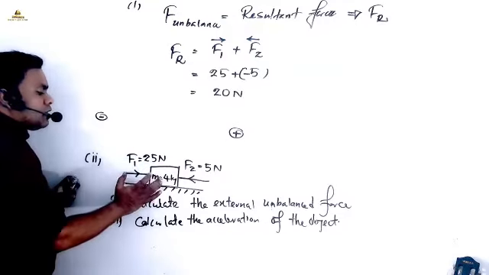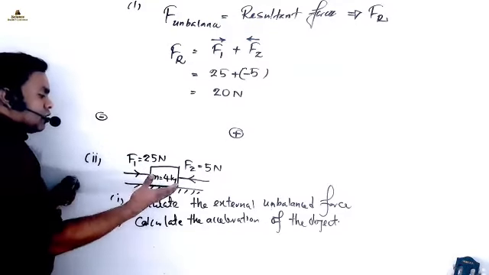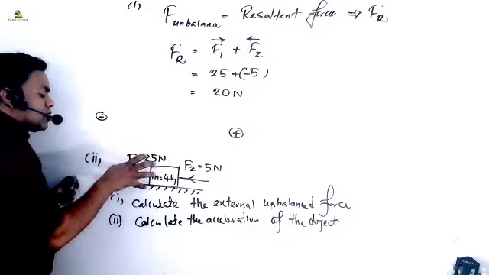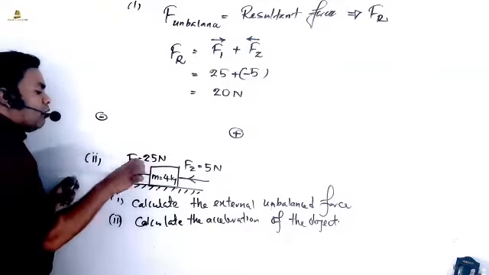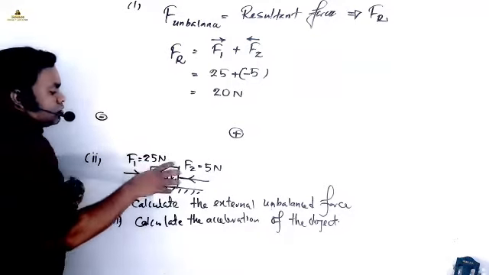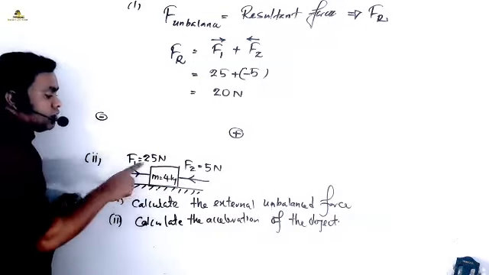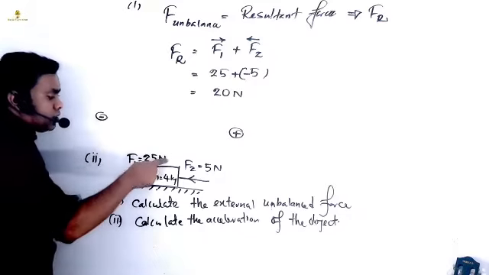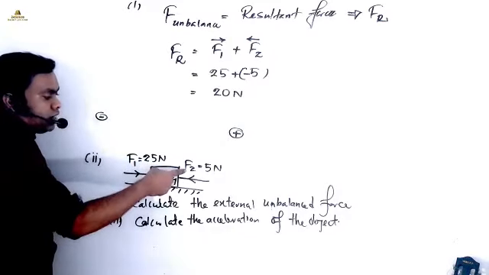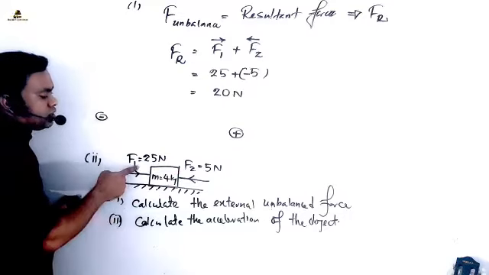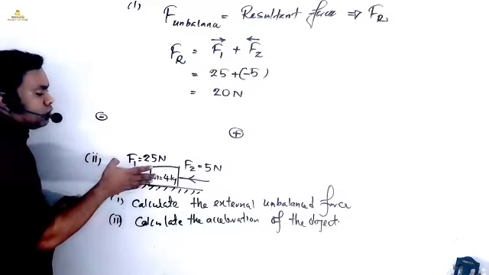So therefore, this object accelerates with that excess amount of newton values. This 4 kilogram object is going to be accelerated with that additional force more than F2. So what's the additional force here? That's 20 newtons.